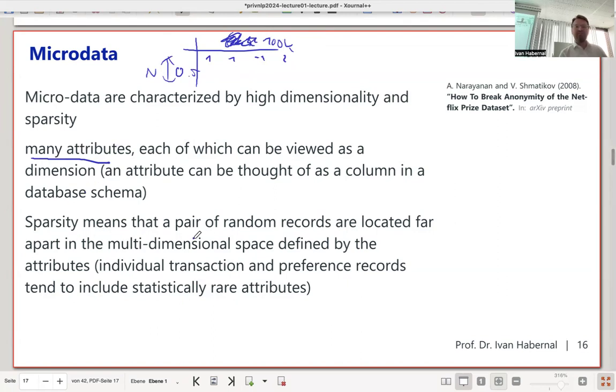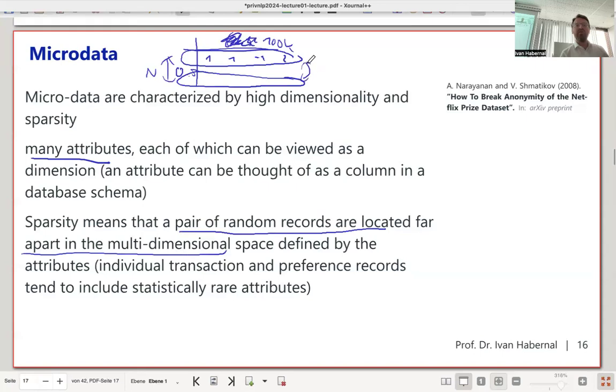A pair of random records are located far apart in the multidimensional space. This would be the vector of one person, and this would be the vector of another person, and they will be very different in this space, because you have 100,000 dimensions. Only a few will be ones, and the rest will be zeros. So there will be very few similarities between what people watch. Does that make sense?